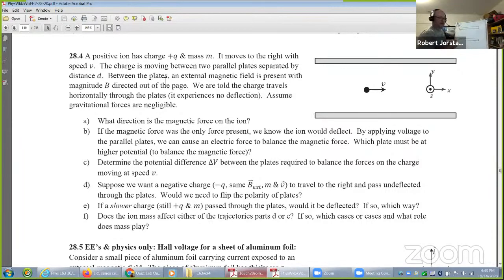We have a positive charge moving this way. Okay, and it looks like I drew I hat, J hat, K hat is out.